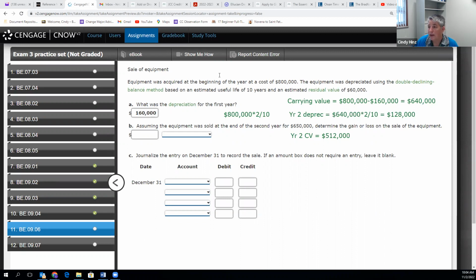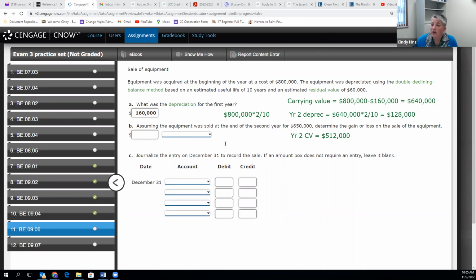And so given what's said here in letter B, assume the equipment was sold at the end of the second year for $650,000. Well, according to our books, it's only worth $512,000. So we know that we're going to be reporting a gain on the sale of that equipment. We sold it for more than our book said it was worth.